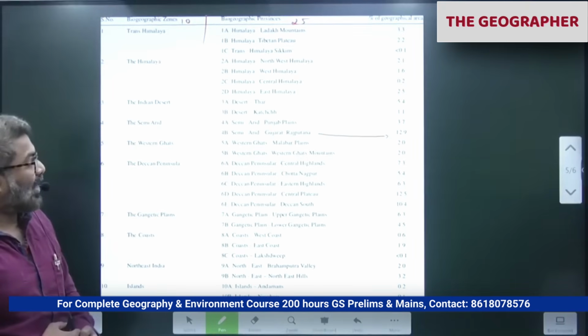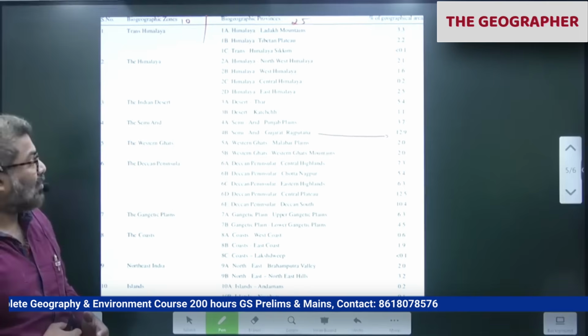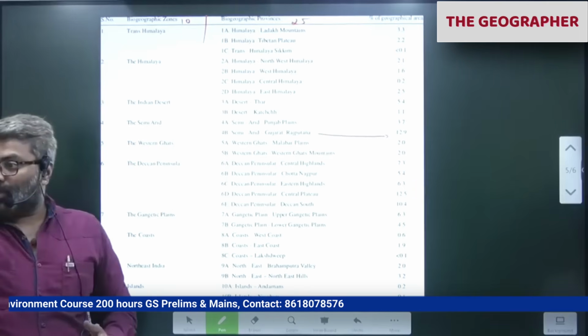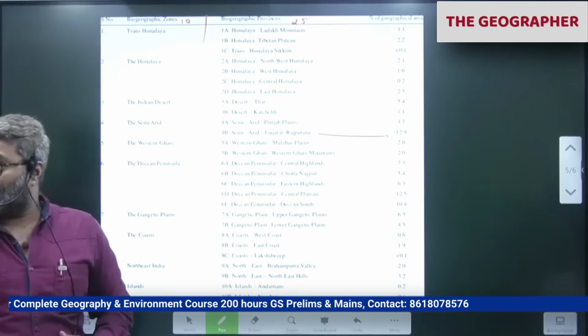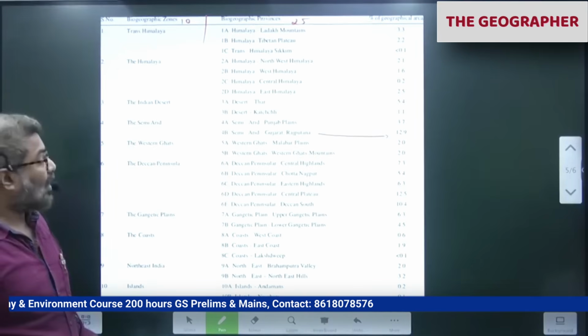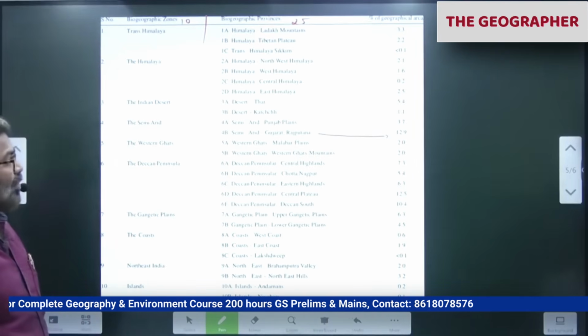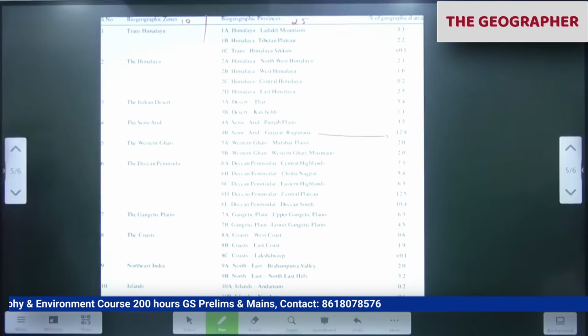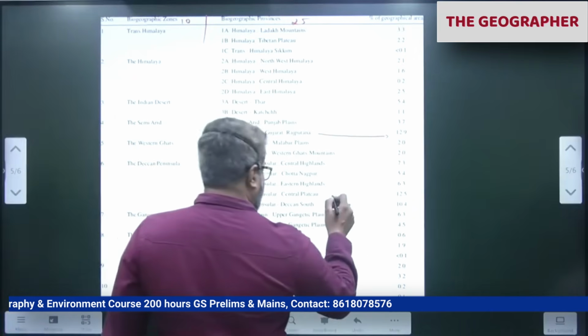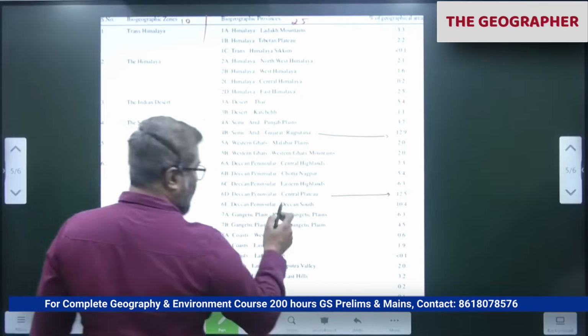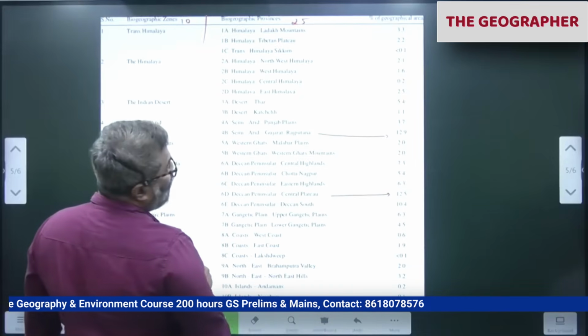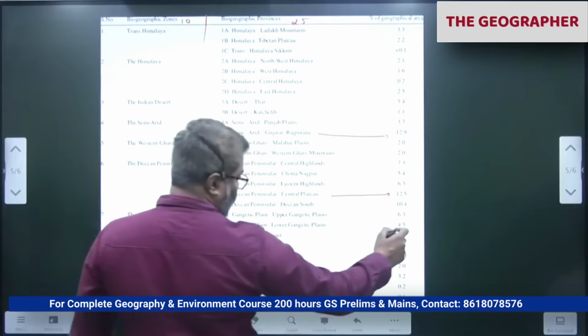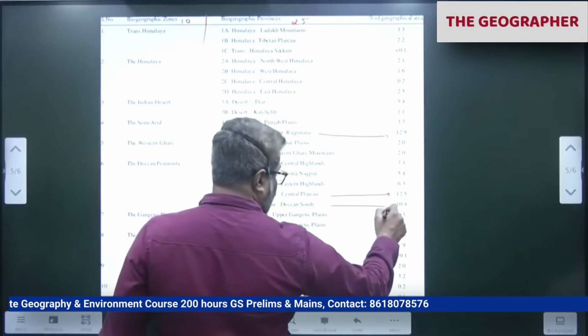Then you should know, semi-arid Gujarat Rajputana region means our Mewar belt. That belt they are talking about. Rajputana is Mewar. Second is this, 12.5, Central Plateau. Which is third? 10.4, this one, Deccan South.